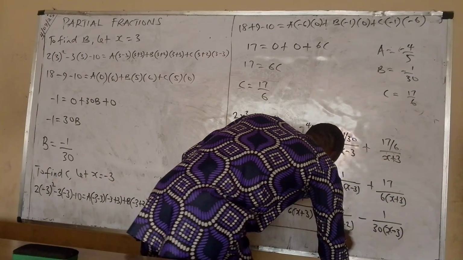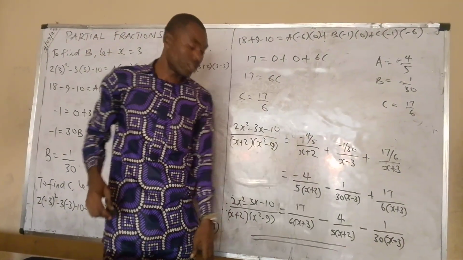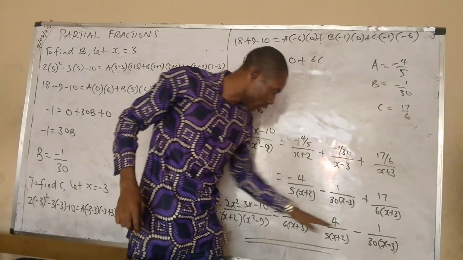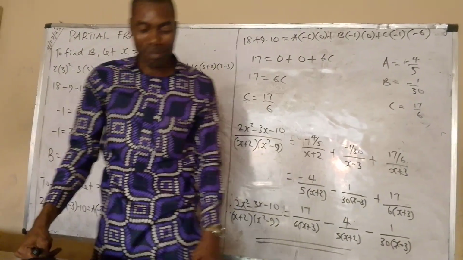Well represented. Final answer. To check if you are correct, if you add up these three fractions the way they are, it will give you the single compound fraction.